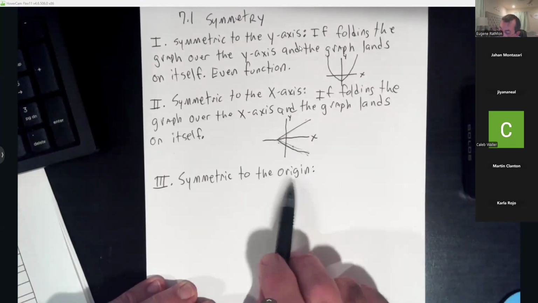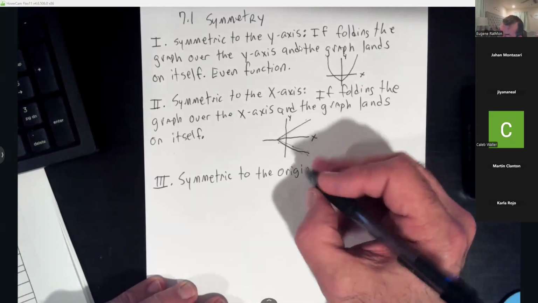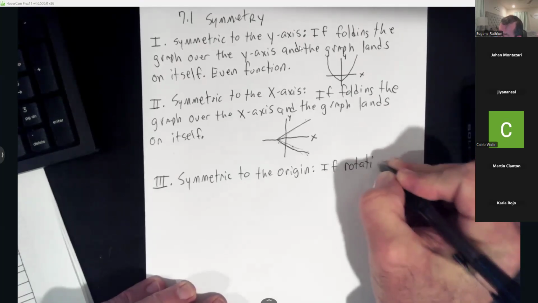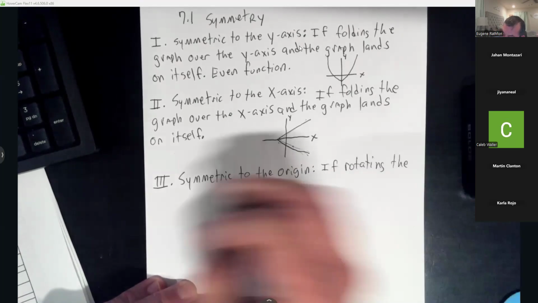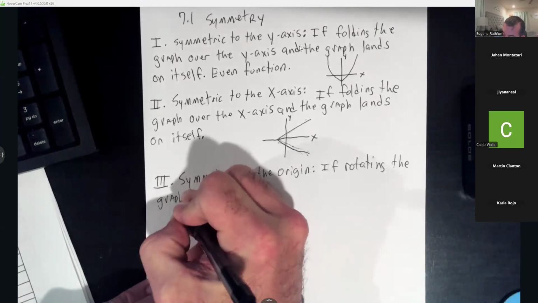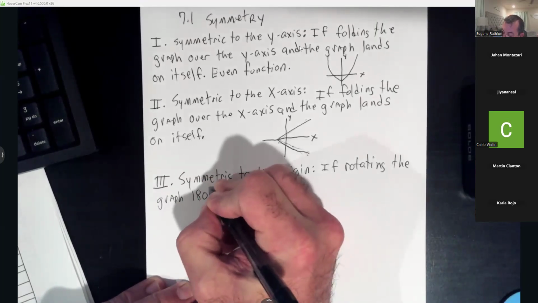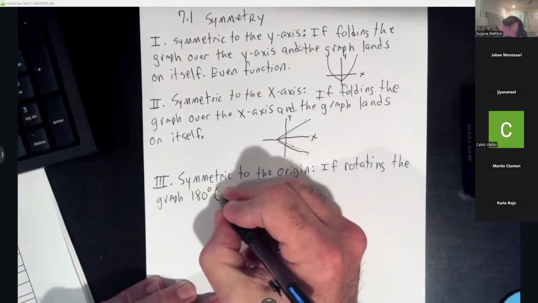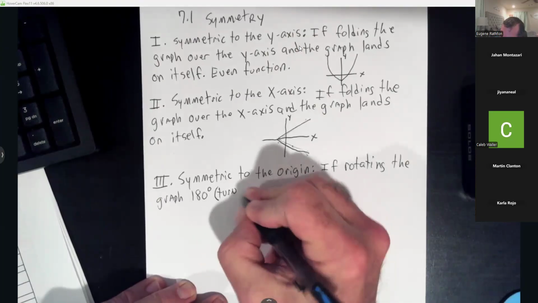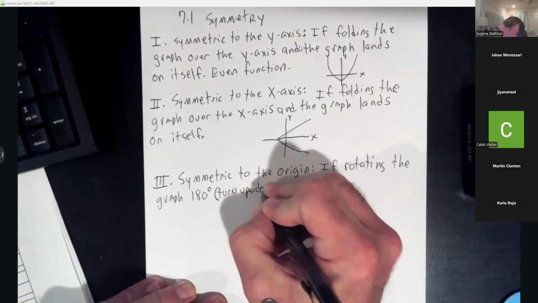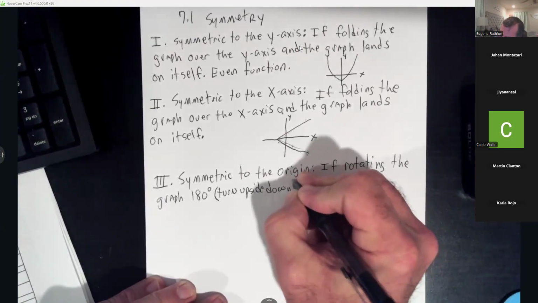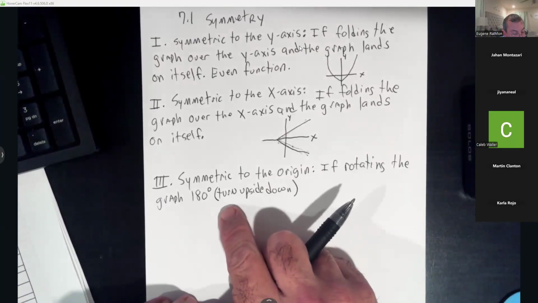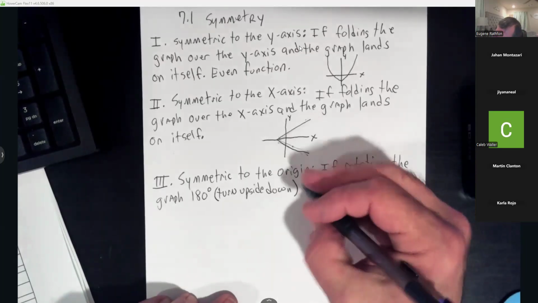To check this one, if rotating the graph 180 degrees, so basically turning the paper upside down, we get the same graph.